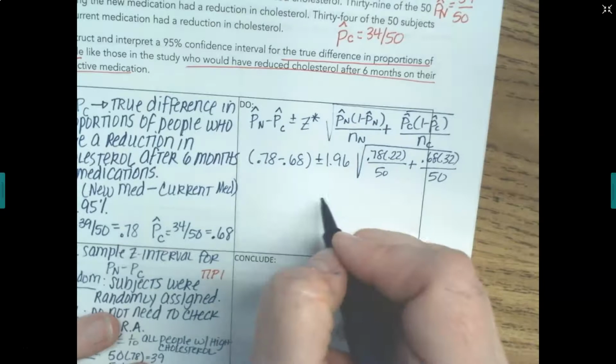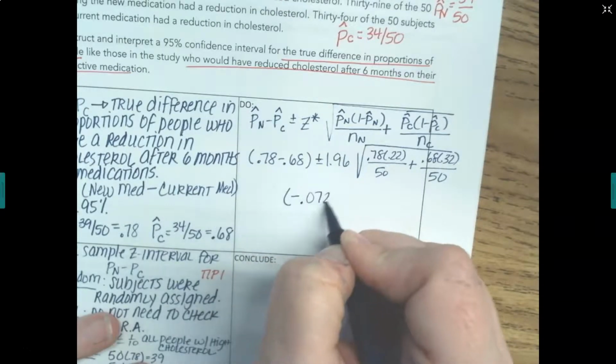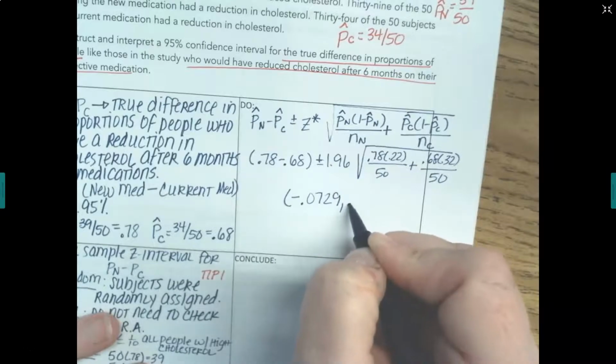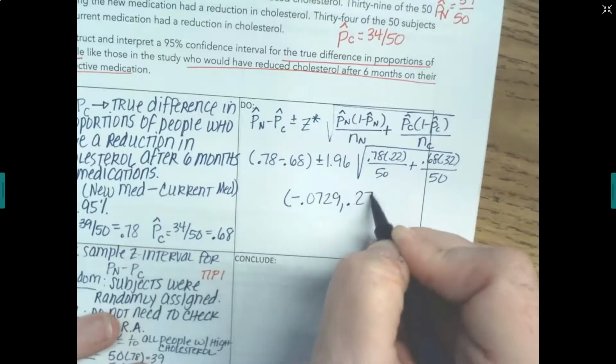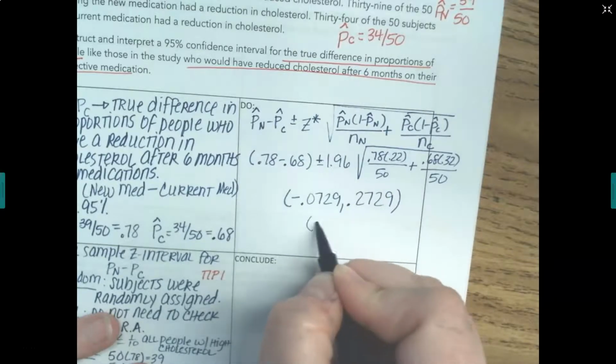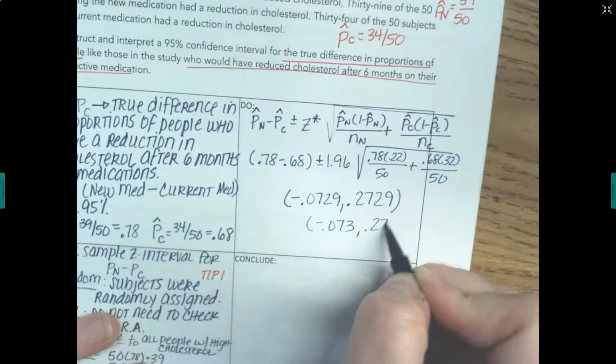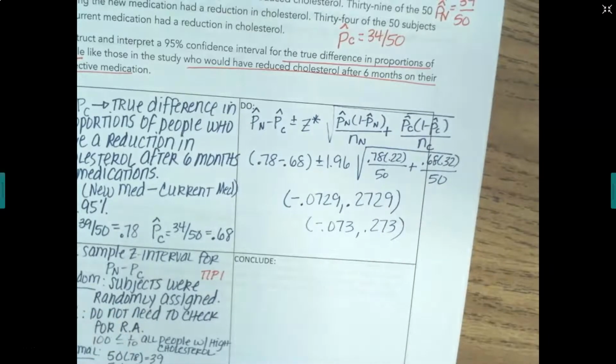So when I calculate it all out, I got negative 0.0729 to 0.2729. You could have rounded a little bit differently, so you could have written 0.073 to 0.273. Same thing.